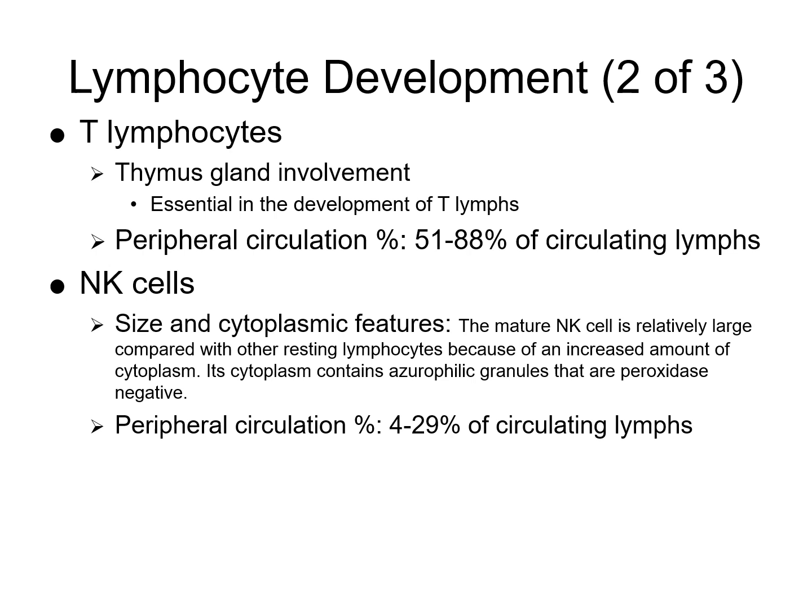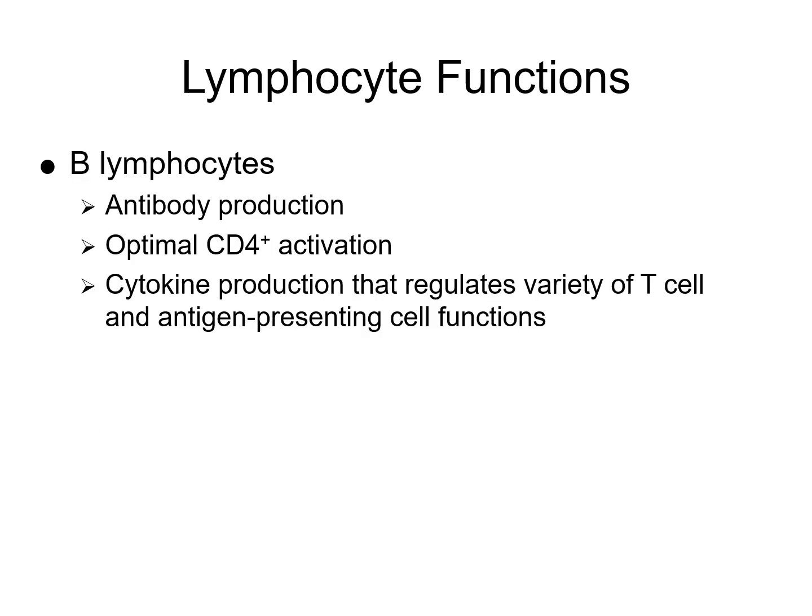These are relatively large compared to resting lymphocytes due to an increased amount of cytoplasm. Their cytoplasm contains azurophilic or primary granules, which are peroxidase negative, unlike the neutrophil granules. These granules contain cytotoxic molecules used to kill target cells. Natural killer cells make up about 4 to 29% of circulating lymphocytes in peripheral blood.